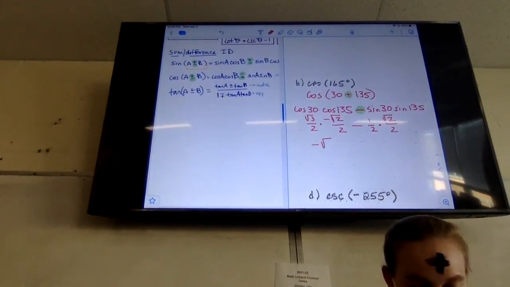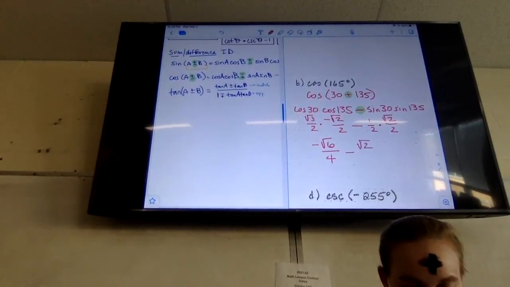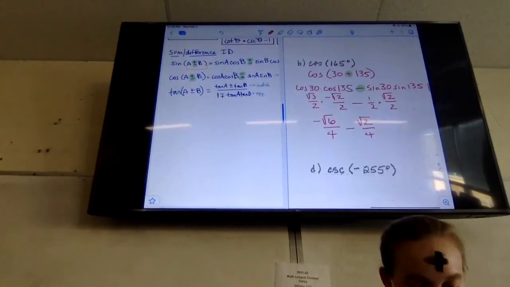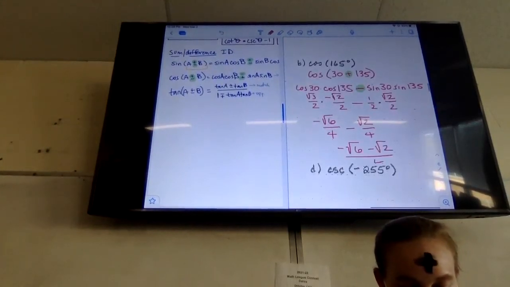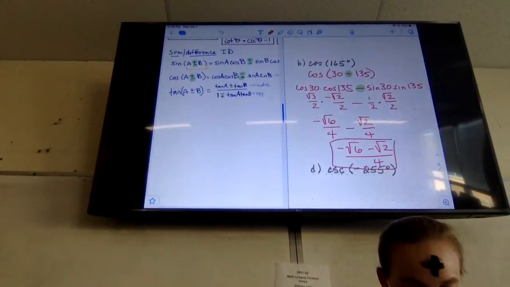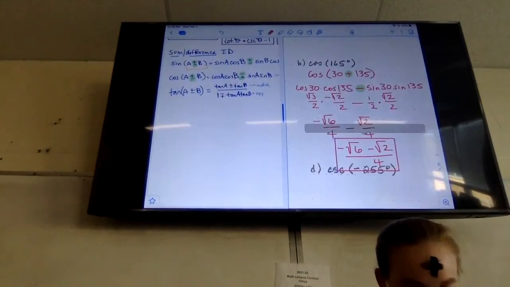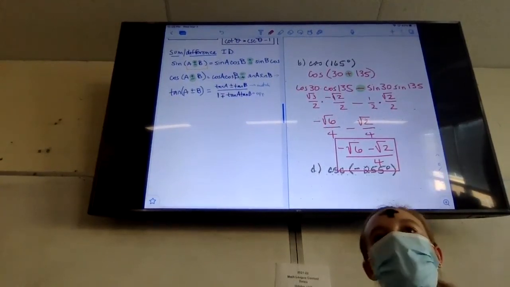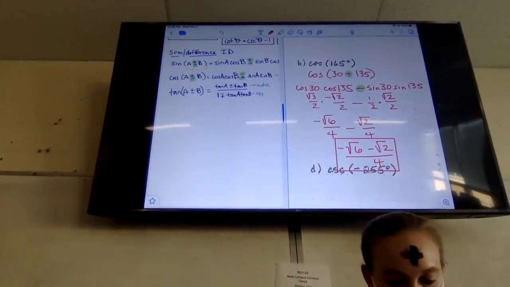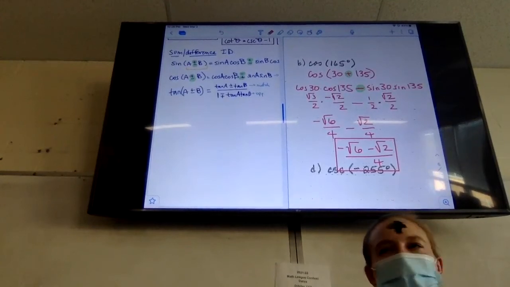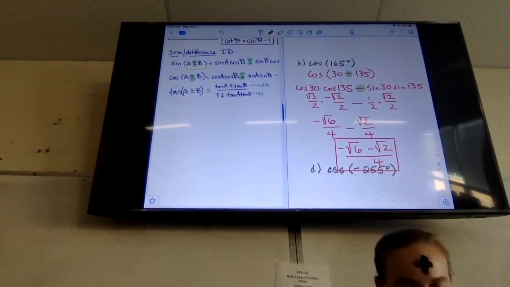Multiply those together, I get root 6 over 4 minus root 2 over 4. That root 6 has a negative. I don't think I said that, so make sure you carry that through. And then we can combine that to one big fraction. You're going to see a lot of these same numbers, root 6s, root 2s, 4s.